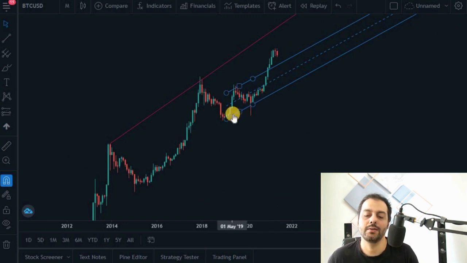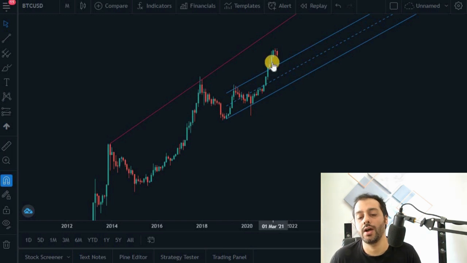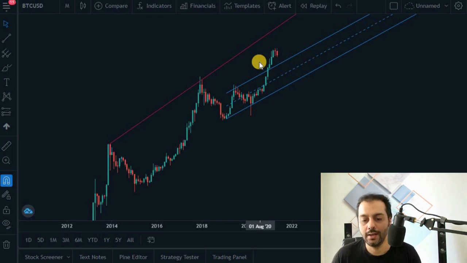I've drawn a channel. If the price breaks that lower part of the channel related to the weekly time frame, the next destination for the price is the upper part of this channel. You might say that no, it might get to the lower part.